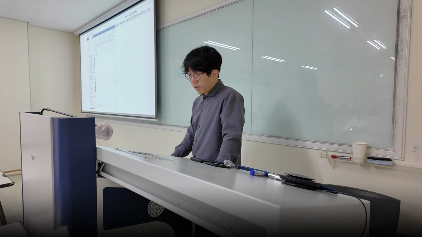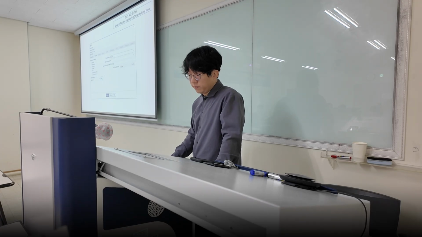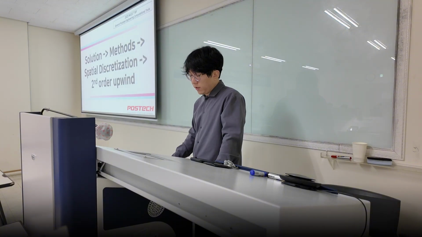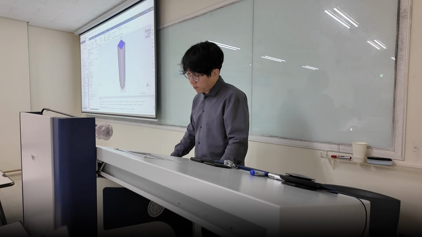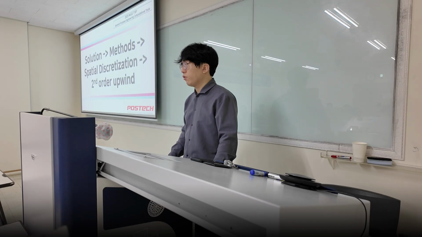Other than that, you're going to go to the wall condition. We're using a temperature boundary condition, and if you have enough time later, you can search up what these discretization methods are. But second order upwind provides reasonable accuracy and reasonable speed.